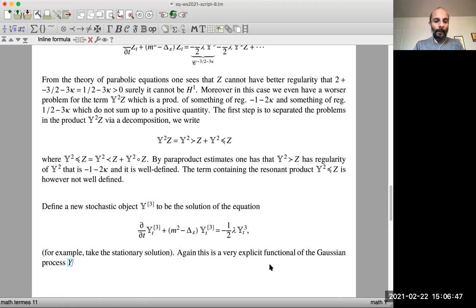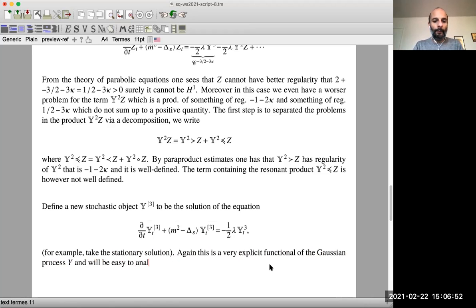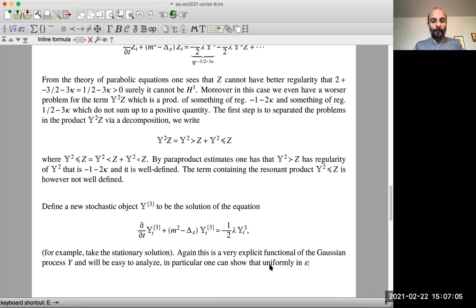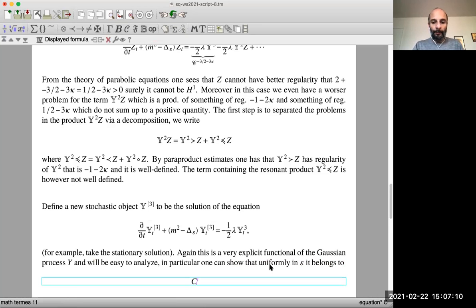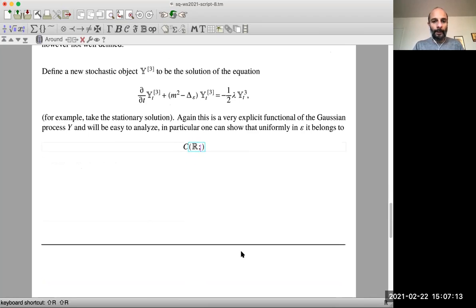Why? And it will be easy to analyze. In particular, one can show that uniformly in epsilon, it belongs to something like this, a continuous function of time with values in C. I remember what we said: this is regularity minus 3/2, and then you gain 2 degrees of regularity when you solve a parabolic equation.